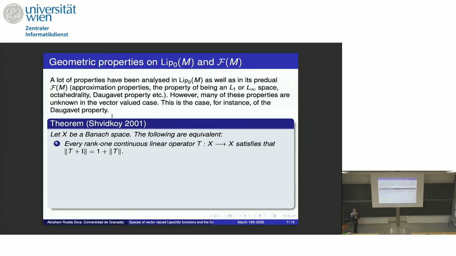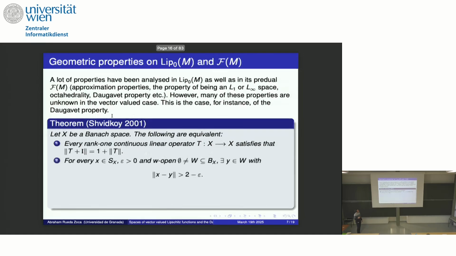But as a consequence of the work of Kadets, Shvidkoy, Sirotkin, and Dirk Werner for slices, later generalized by Roman Shvidkoy, this is equivalent to the fact that given any point x in the sphere, any epsilon, and every weakly open set W of the ball, you can always find some y in W far away from x.